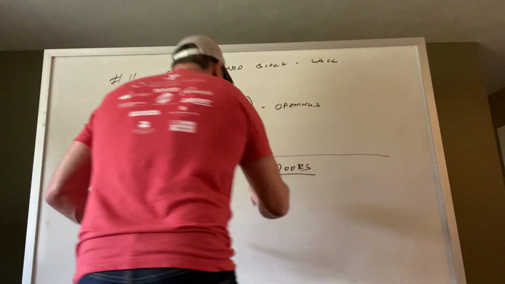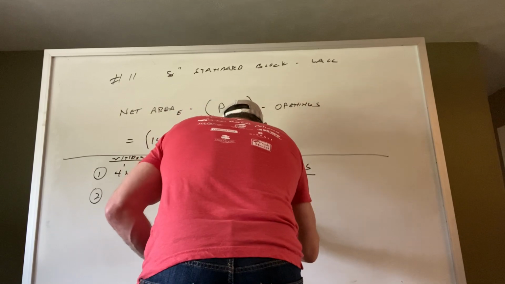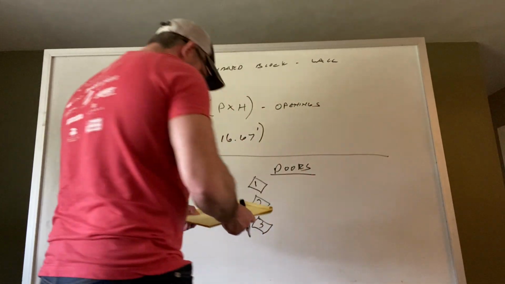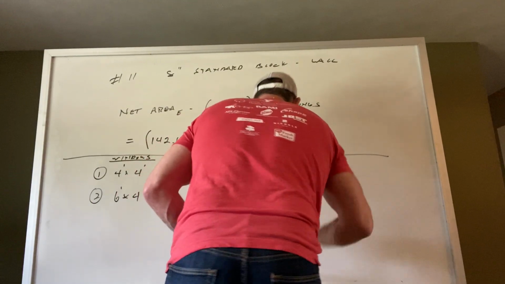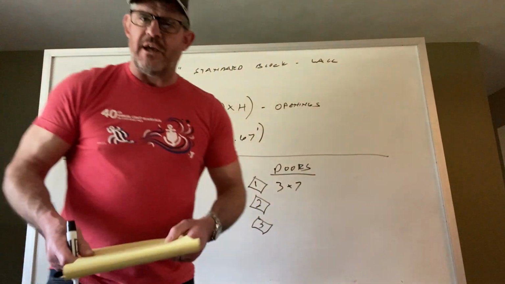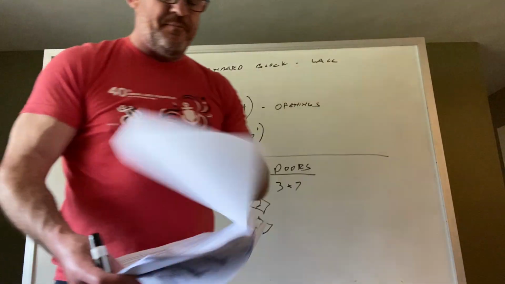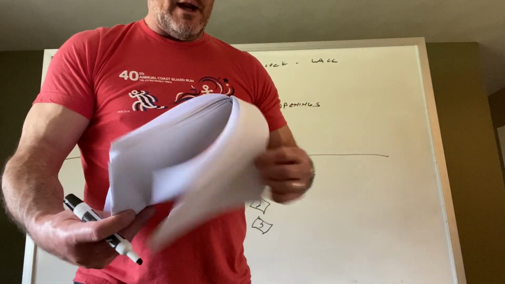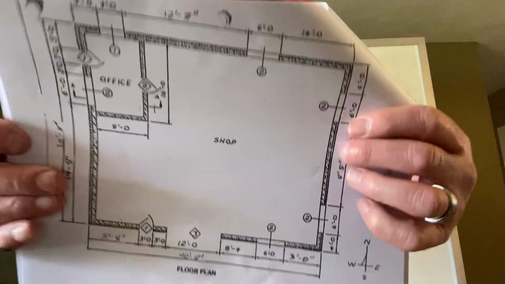For my doors, I know I have door number 1, door number 2, and door number 3. I look at my first door, it is a 3 by 7. I look at my second door and I say, wait a second. I'm reading my print this entire time, and I'm thinking this whole thing through. Where is door number 2?